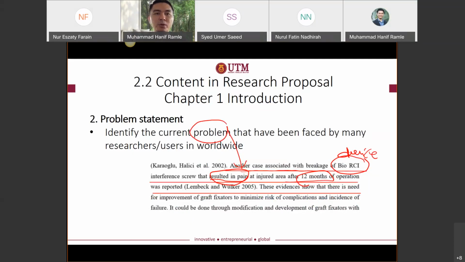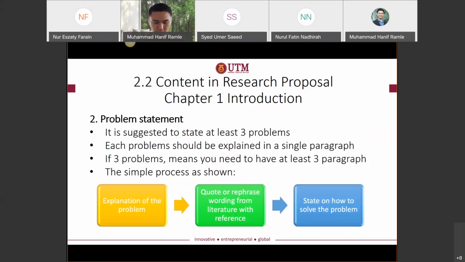You put the problem on the existing device and then discuss the problem itself: what kind of solution, what kind of important information you want to discuss, for example, there is a need for improvement to minimize the risk of complication. So if there are 3 problems, you need at least 3 paragraphs.